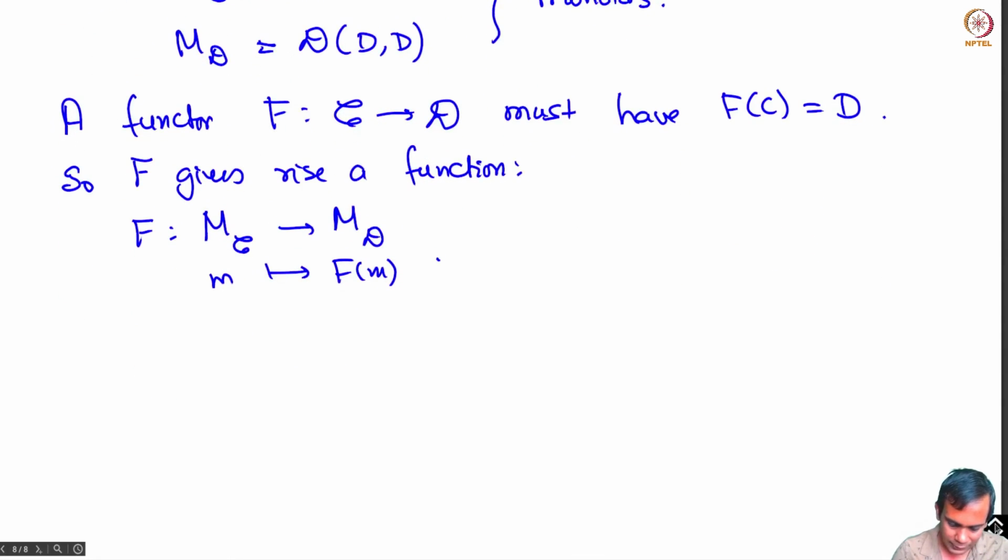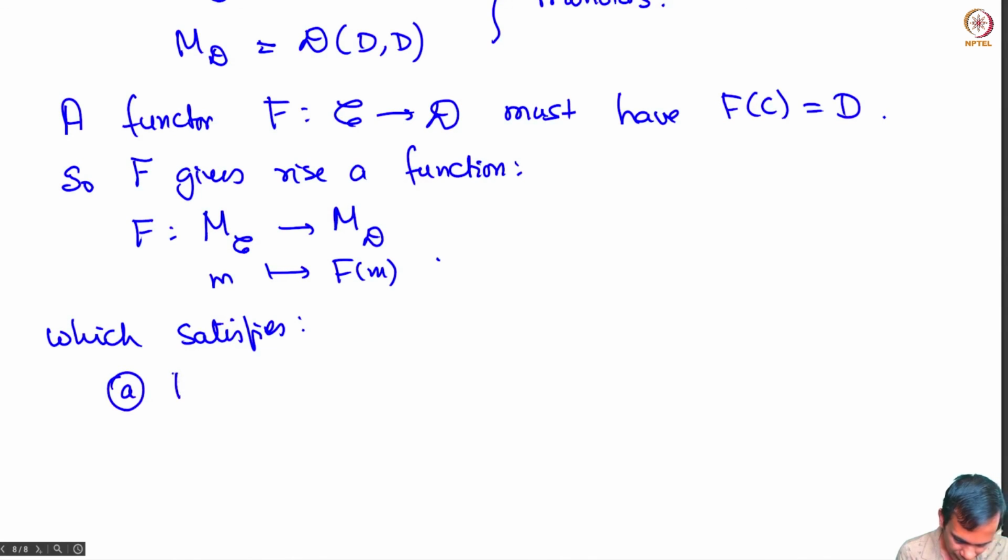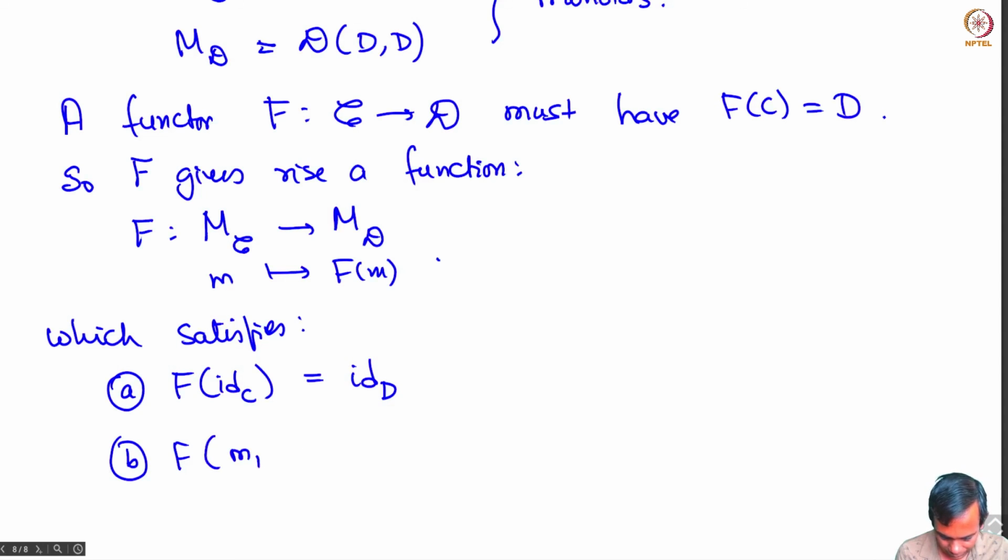And this function must satisfy the axioms for a functor, which is that F of the identity of C, which is the identity of the monoid M_C, is the identity of D, which is the identity of the monoid M_D. And the second is that F of m1 m2 is equal to F of m1 times F of m2.